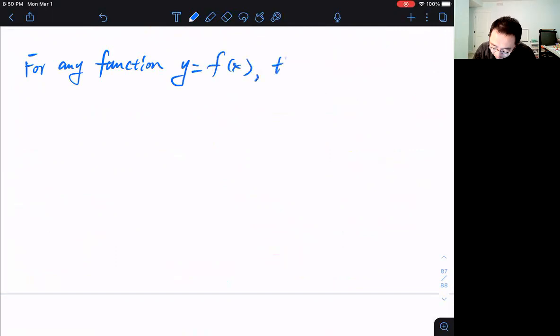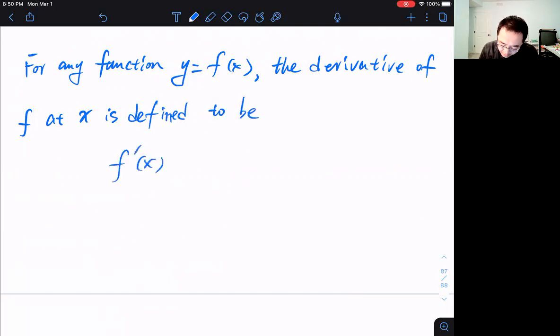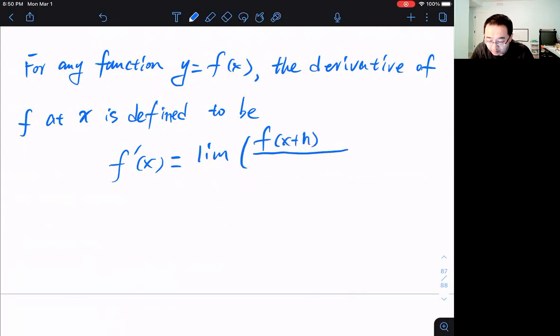The derivative of the function f at the point x, or the value x, is defined to be, it's denoted as f prime of x. Okay, so that's defined as the limit of f of x plus h minus f of x divided by h as h approaches 0.